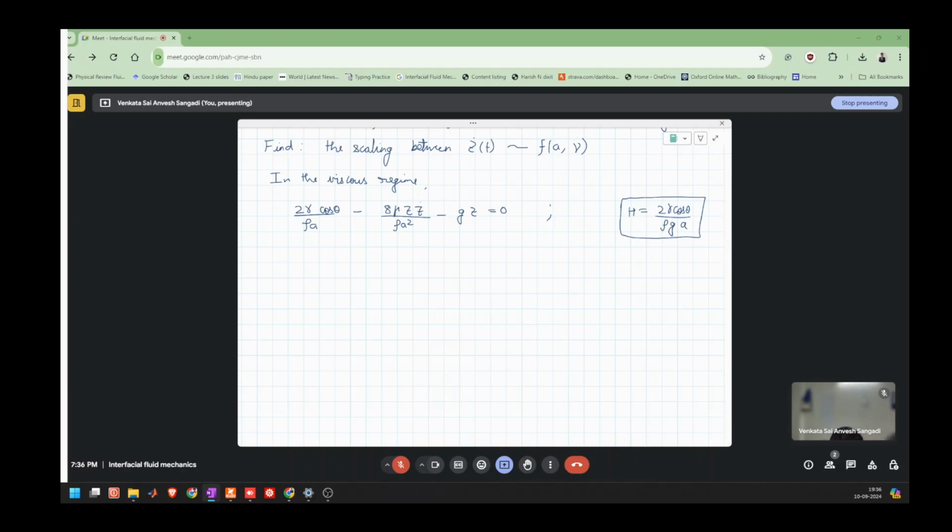So we divide the entire equation by g. Then we have 2 gamma cos theta by rho a g, which is h, minus 8 mu z z dot by rho a square g, minus z is equal to 0.